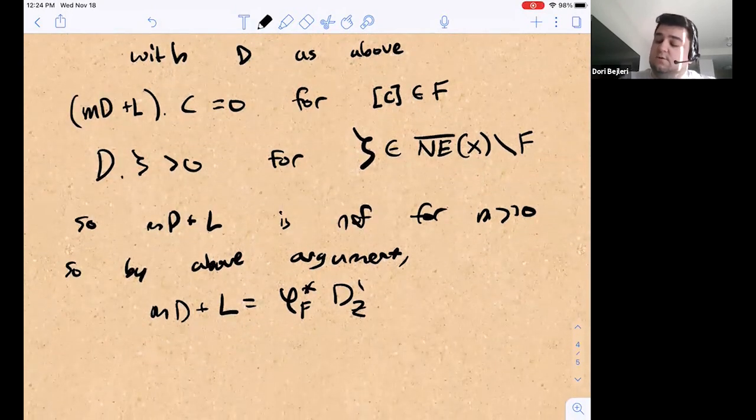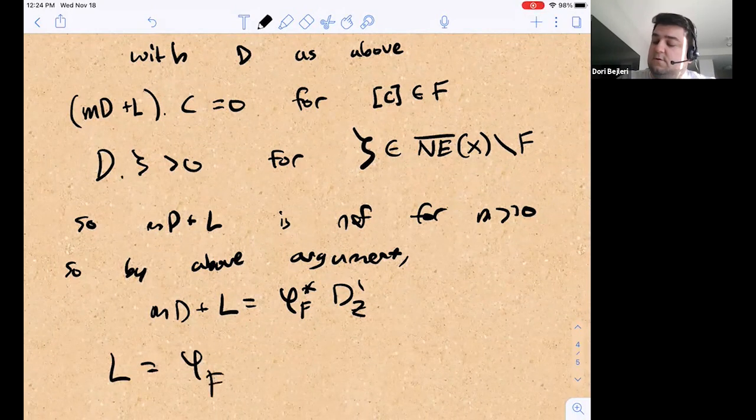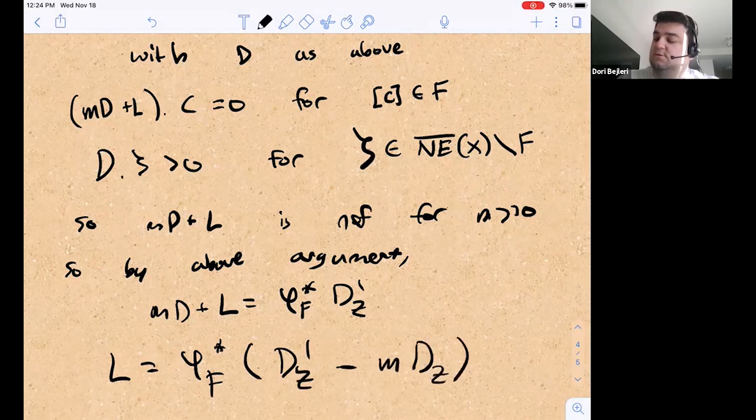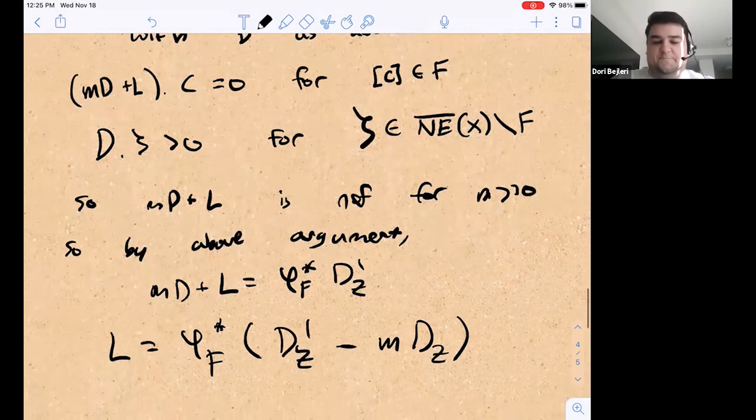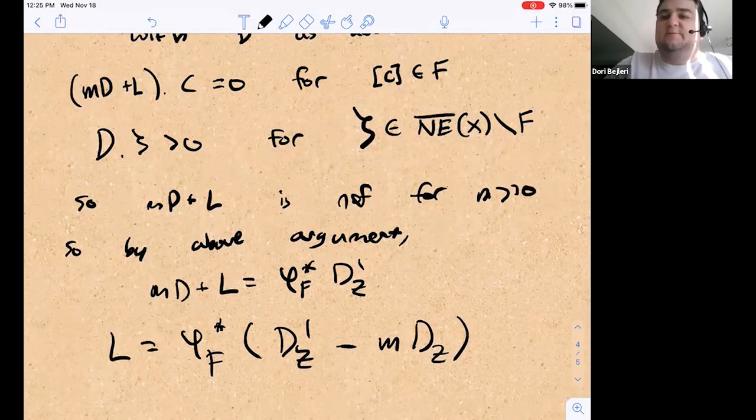And so L is the pullback of DZ prime minus M DZ, where DZ is the thing that pulls back to D. So it's also the pullback of some Cartier divisor. Okay, so really this hinges on the fact that this extremal contraction is unique.